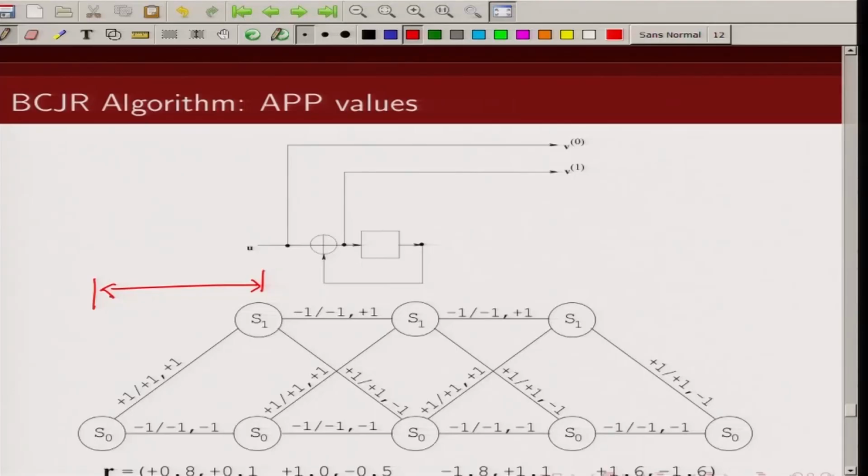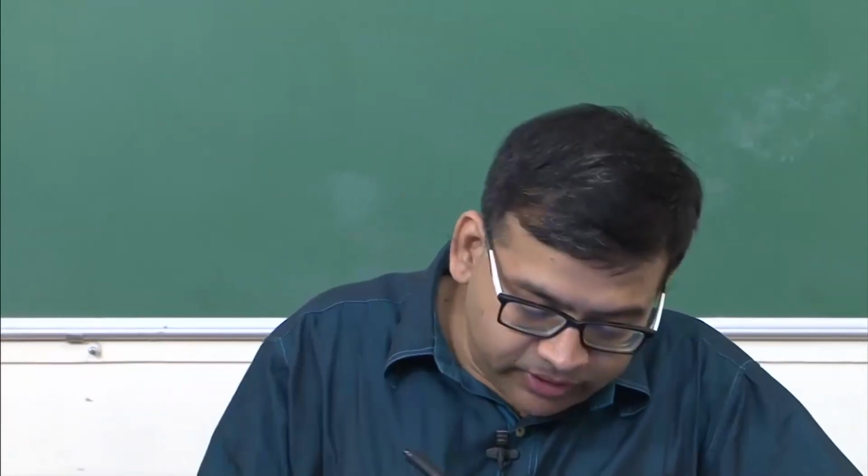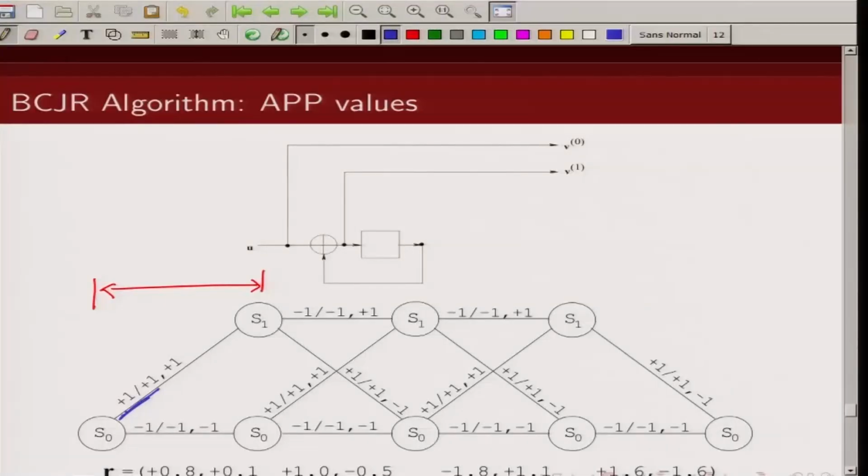Which are the transitions corresponding to UL being plus 1? I am denoting by blue the transitions corresponding to UL being plus 1, and by green the transitions corresponding to UL being minus 1.